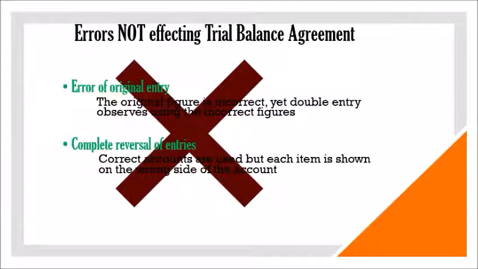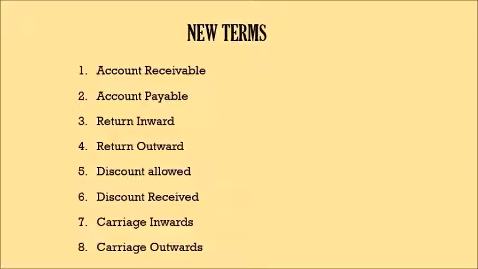So in this last slide, I'd like to remind you of the new terms that you just have encountered in this chapter. Since this chapter is quite long, you might have forgotten what you learned. So the first is accounts receivable, which is an asset used when a customer paid in credit.